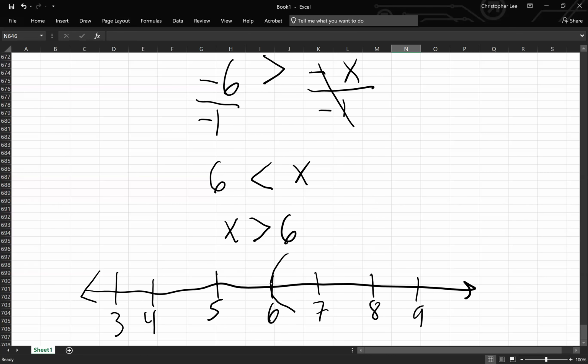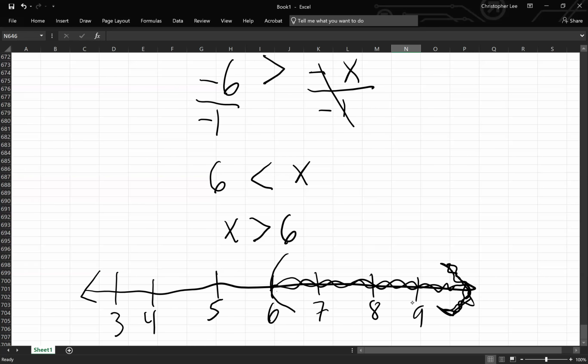I'm going to use a parentheses, and we're going to go to the right. And of course, open parentheses, I'm not including 6. Questions on this? The lesson here, when you divide or multiply by a negative with inequalities, you flip the sign.